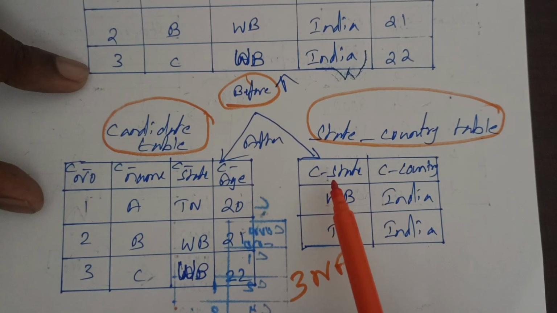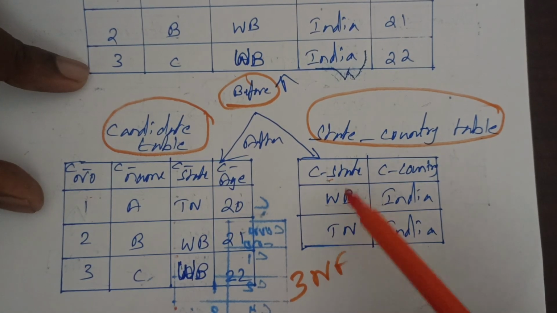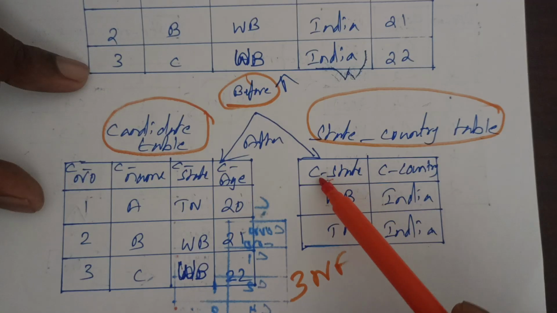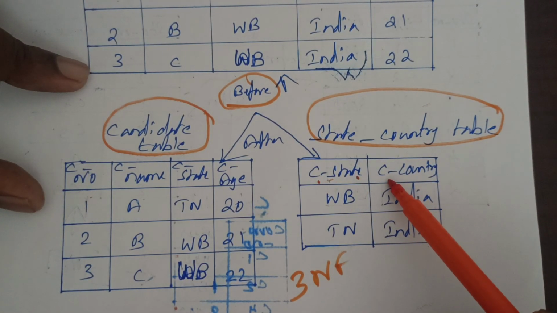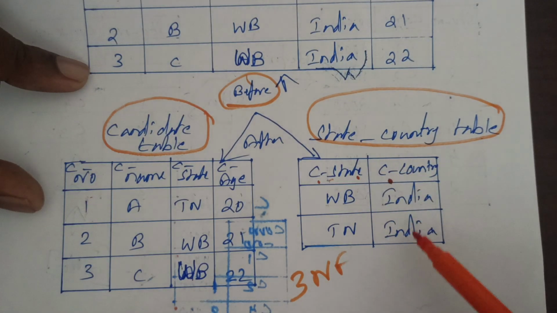Okay, now we are going to separate the non-prime attributes, that is here. These are non-prime attributes. The state can be repeated, right? In a class, for example, 60 students are present, 20 students may be from the same state. So that's why candidate state is called a non-prime attribute. All the students are from the same country, very few from other countries. So this is also a non-prime attribute.